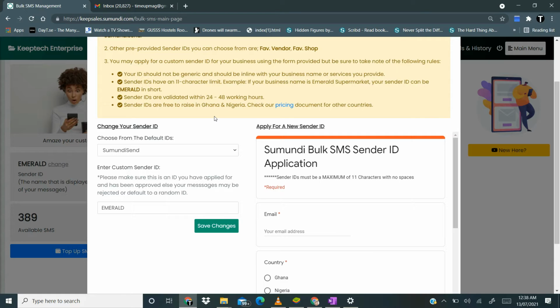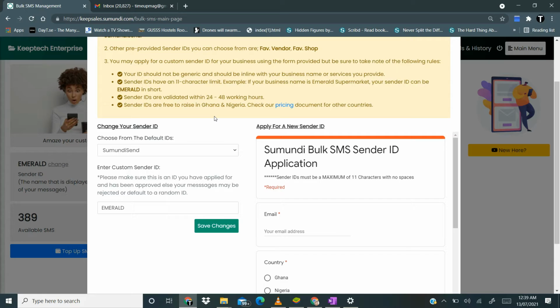There's a process to actually getting a sender ID, which is that you have to fill the form, and it should be in line with your business name or the services that you provide. It shouldn't be generic. It shouldn't be something that is too broad. For instance, if you run a restaurant business, you can't just say you're in the food industry or something.